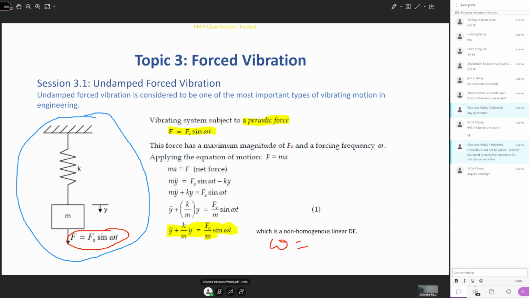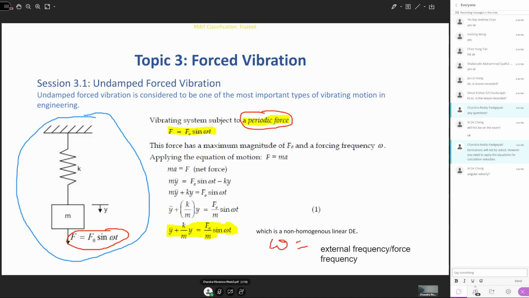Now look here. The vibrating force is given as a periodic force, which means the force varies with respect to time.